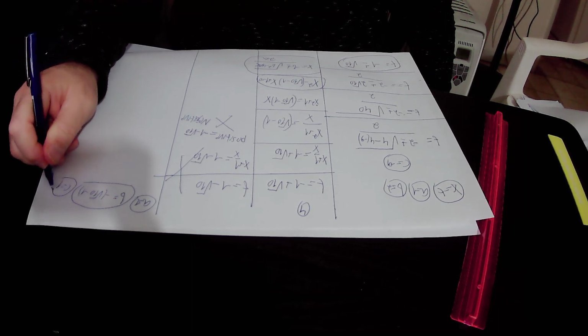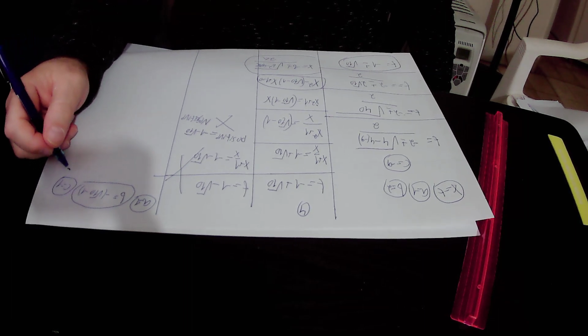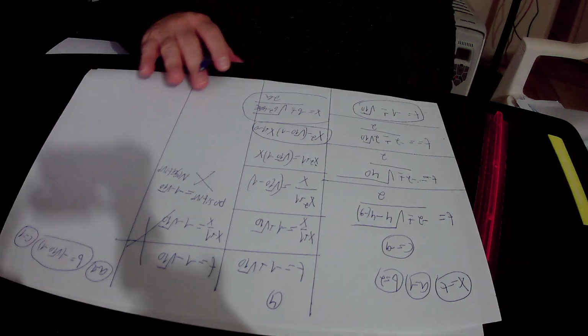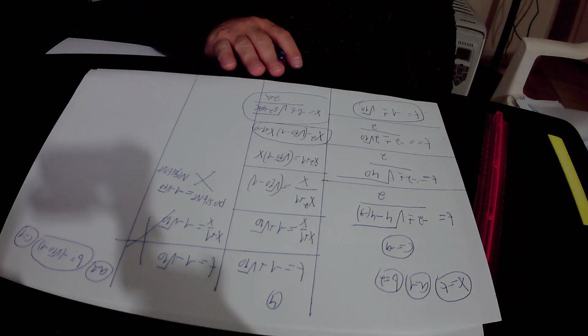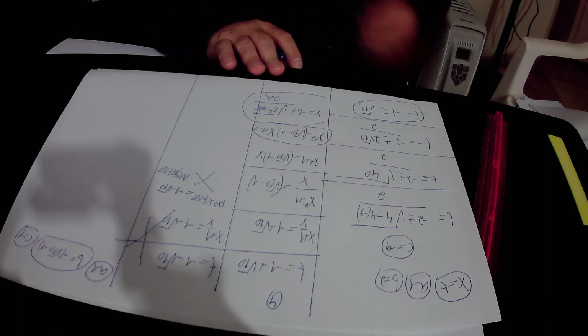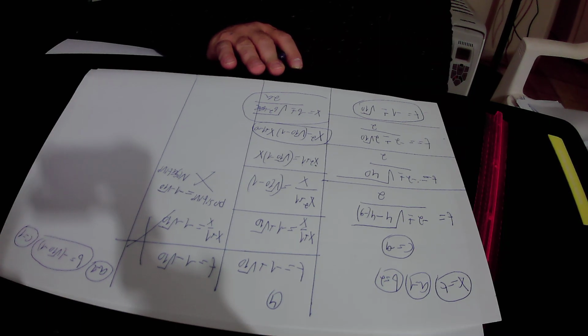So we will put the data inside the formula for x, and we will find the values of x of this quadratic equation. It might be that we will find two solutions for x. Okay?